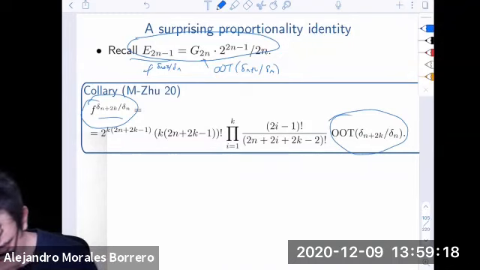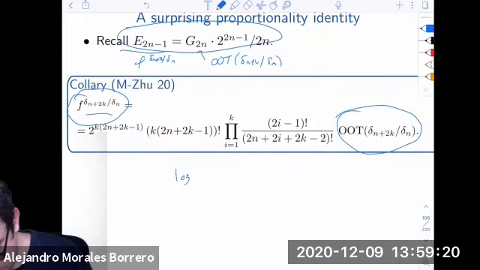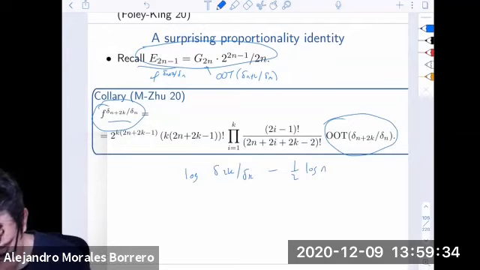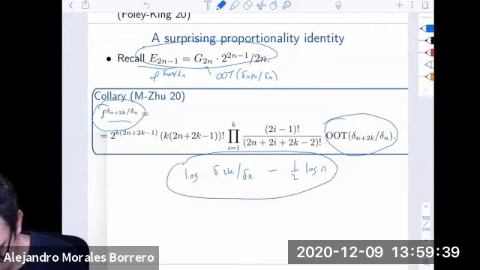So at some point, with Greta and Igor, we were interested in the asymptotics of this sequence.